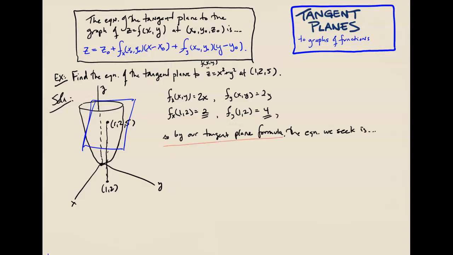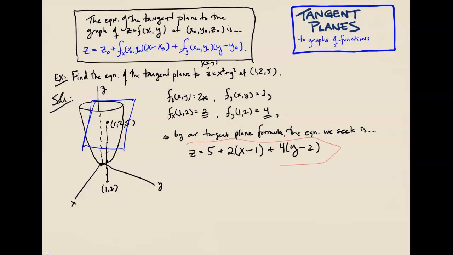So, by our tangent plane formula, the equation we seek is z equals, well, it's the initial height from which we're starting, which is 5, plus the rate of change in the x direction, 2, so plus 2 times the change in x. So that's going to be x minus our initial x value, 1, plus the rate of change in the y direction, 4, times the change in y, which would be y minus the initial y value of 2.